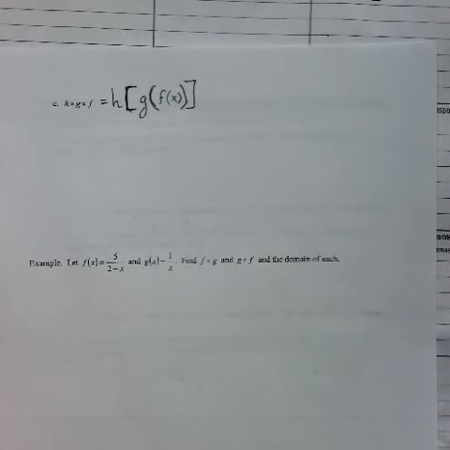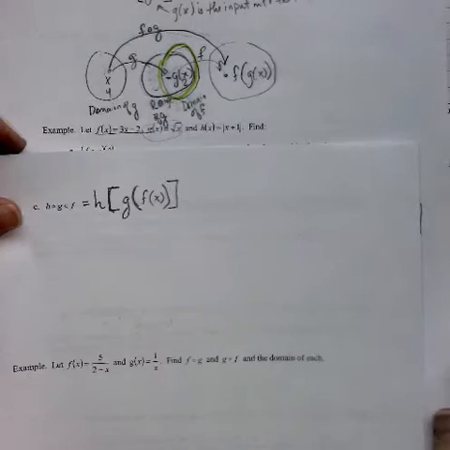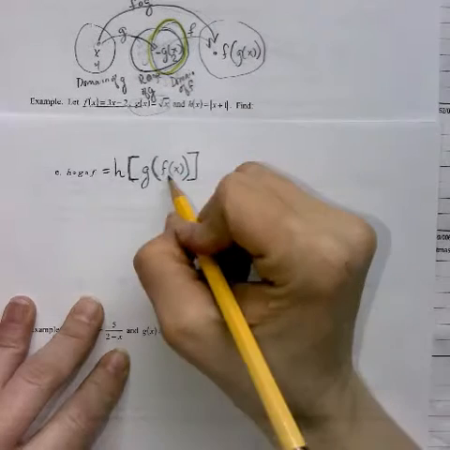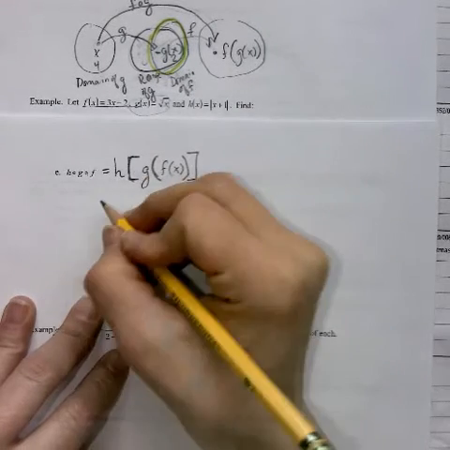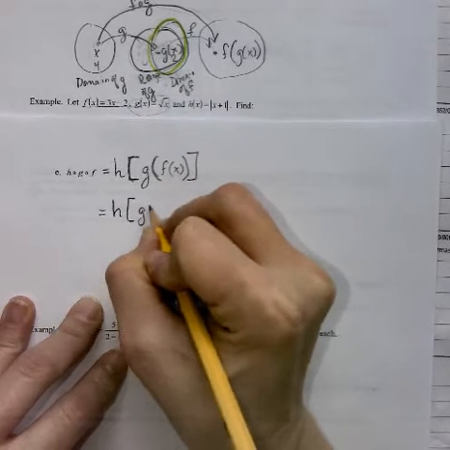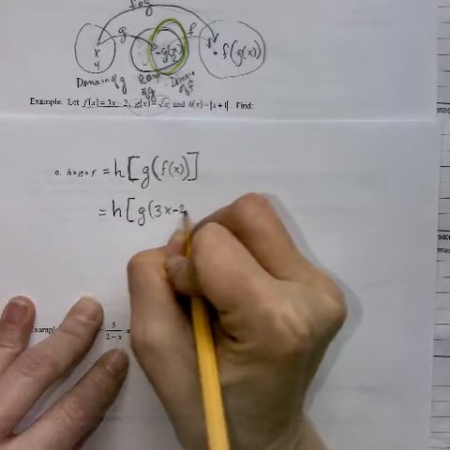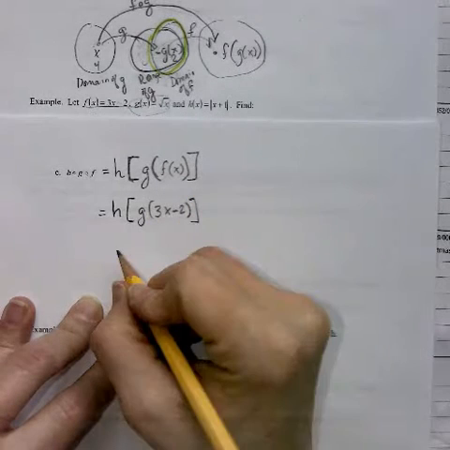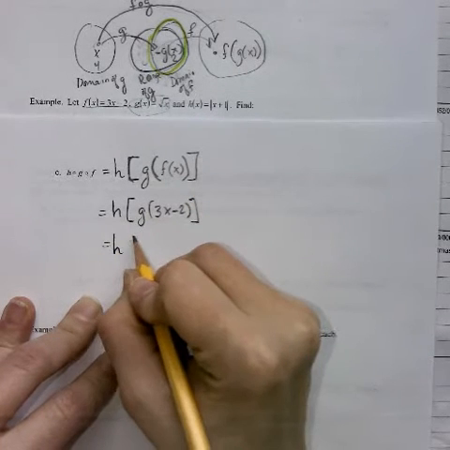Let me put what the functions are right here. Let's put them up here so we can see them. I don't have them memorized. Alright, so f at x was 3x minus 2. So we got g at 3x minus 2. And g is the square root of x. So we've got square root of 3x minus 2.